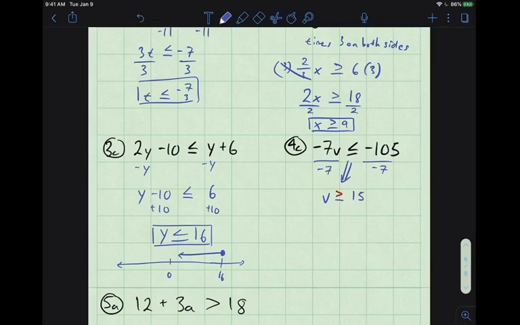Okay, flip the sign. More specifically, I need to flip the inequality sign because you are dividing or multiplying by a negative number.